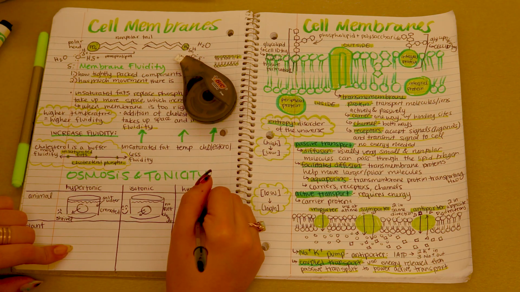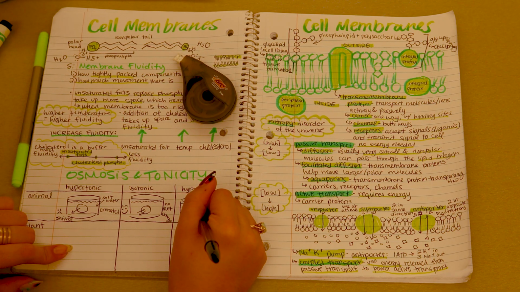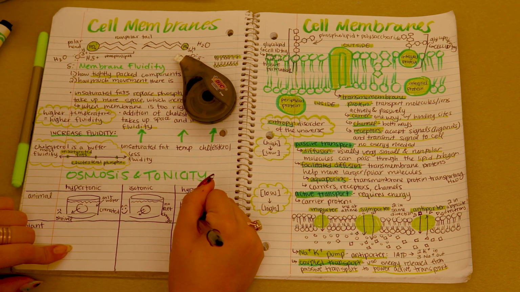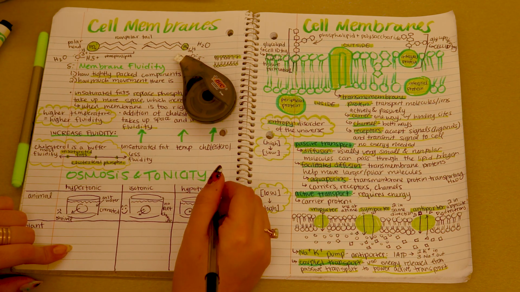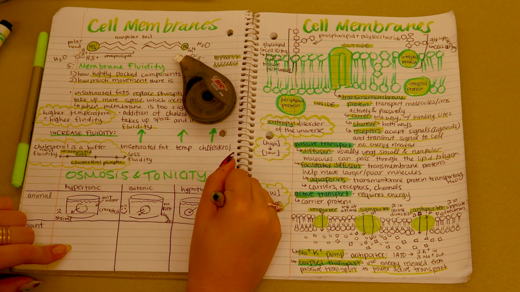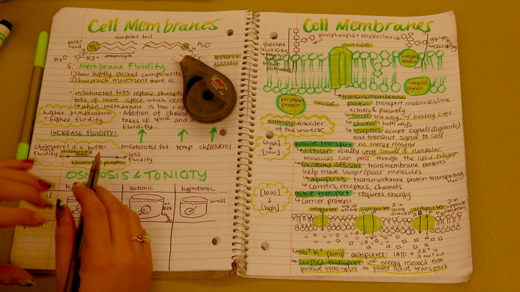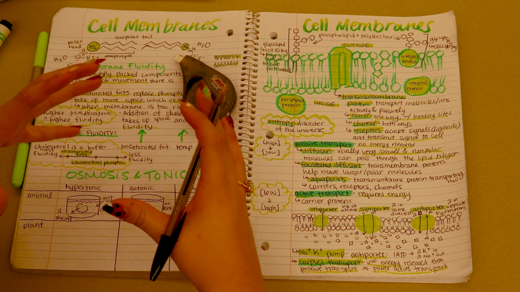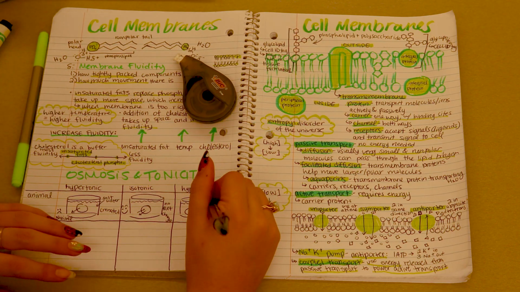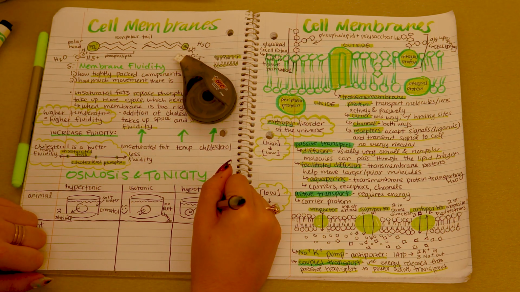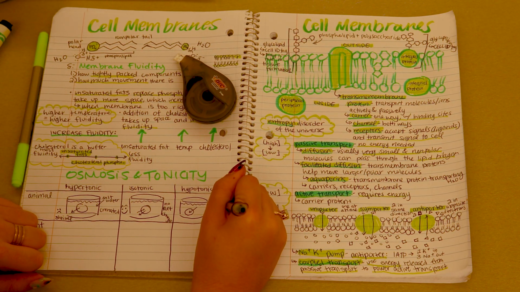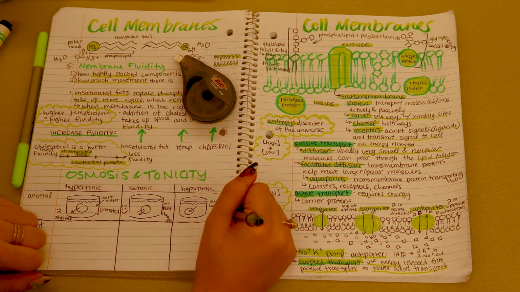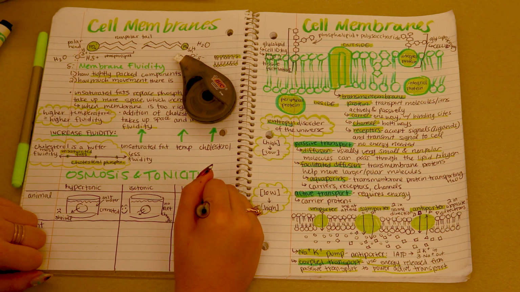So within a hypotonic environment, there's going to be more solute in the cell than out, so water is going to rush into the cell, and then it's going to swell. Before, it got shriveled because it lost all of its water. Now it's ballooning because it's getting all of this water from its environment. That'll result in lysing, which basically means that it pops. Nobody wants that. So that is bad.